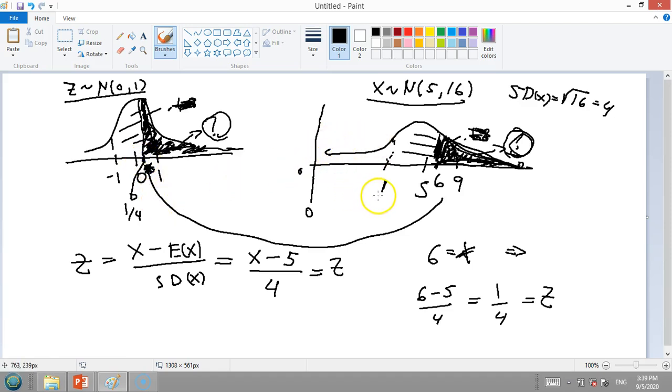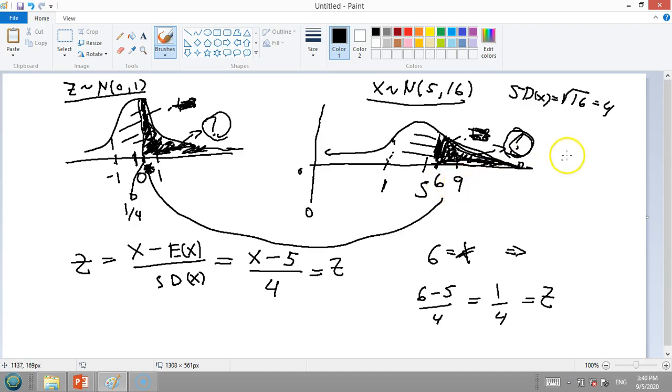Notice something with this transformation: this is plus minus 1 standard deviation from the mean. The mean here is 0 on the standard normal, and the mean corresponds to 5. The negative 1 corresponds to a 1, because plus minus 1 standard deviation on this one is 1 and 9.